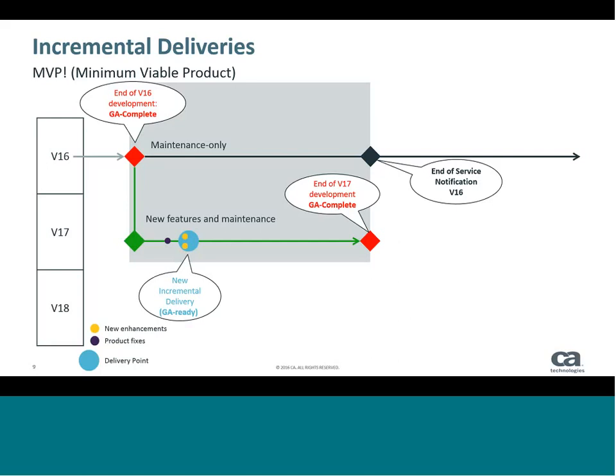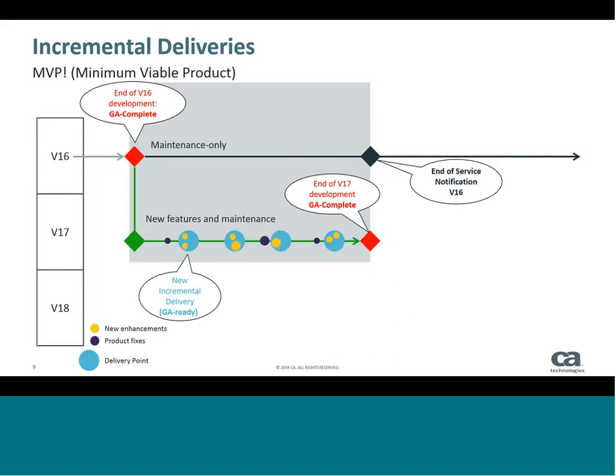But with incremental deliveries, now with 17, as you see here, we have a couple of dots on this line. The black dot indicates a product fix PTF, and the red or blue circle indicates a delivery point. In there are 2 new enhancements that are being delivered. At that point, those will be published. You don't have to be a validation partner.